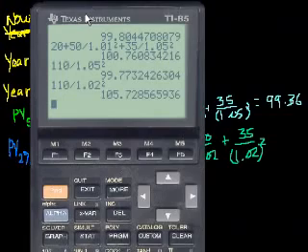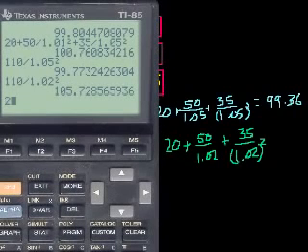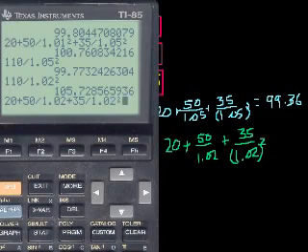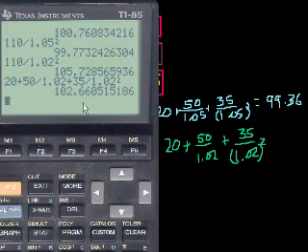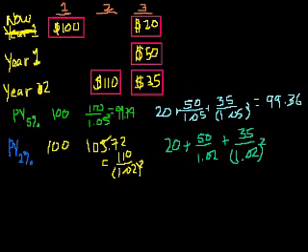Let's see what this ends up. 20 plus 50 divided by 1.02 plus 35 divided by 1.02 squared. $102.66.